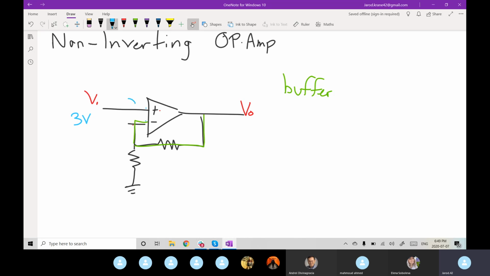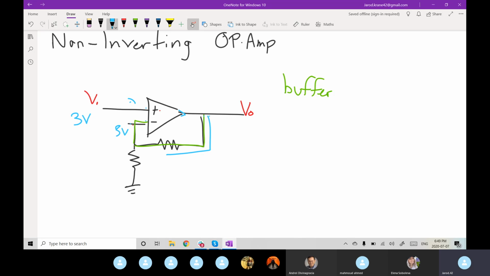So if we're applying 3 volts, our output, since it's tied directly to our non-inverting pin, is going to want to drive it to also become 3 volts, so that these two are balanced and they're happy.